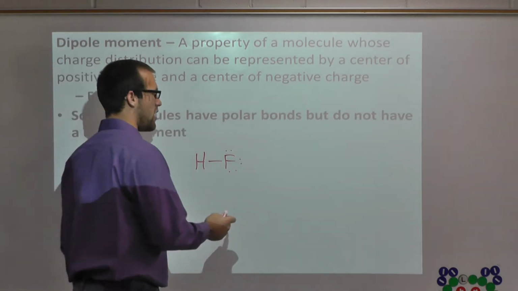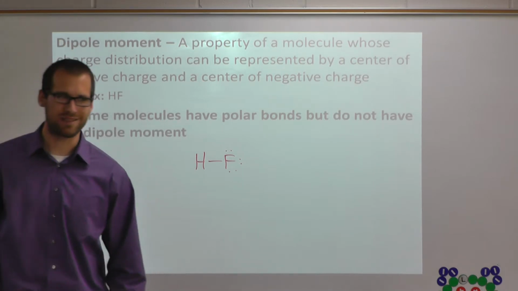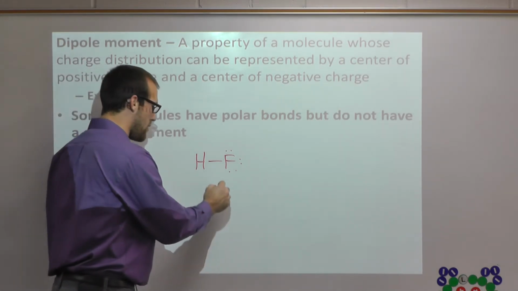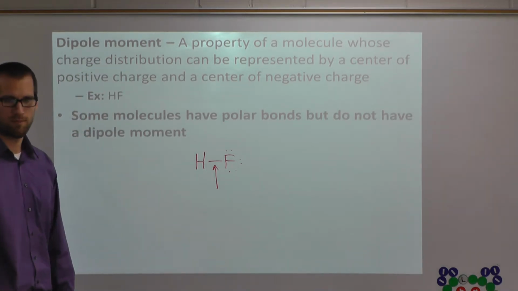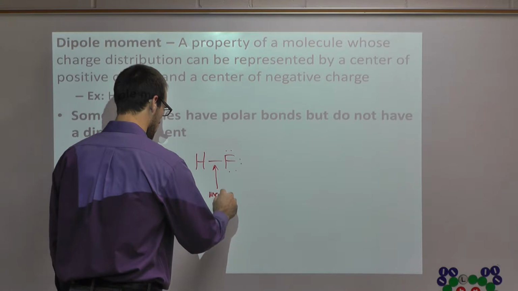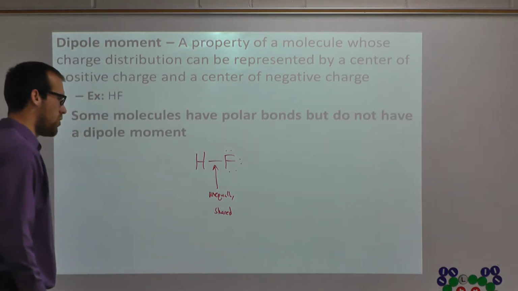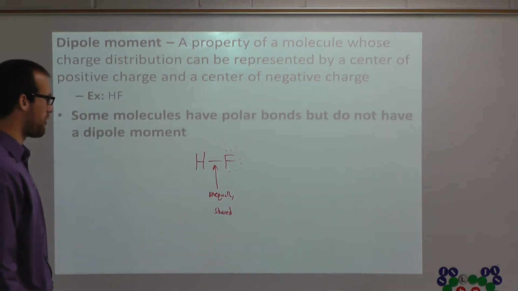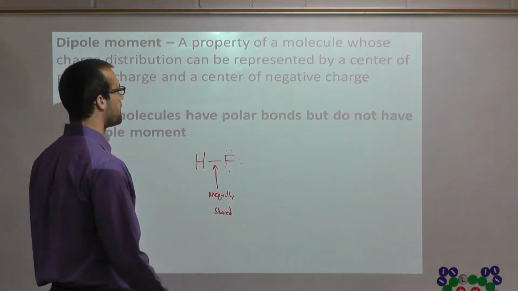So if we look up here, we follow our trend, we realize that fluorine's more electronegative. What does that tell you about these shared electrons? Yes, they're unequally shared, and they're pulled more by the fluorine because it has a higher electronegativity value.